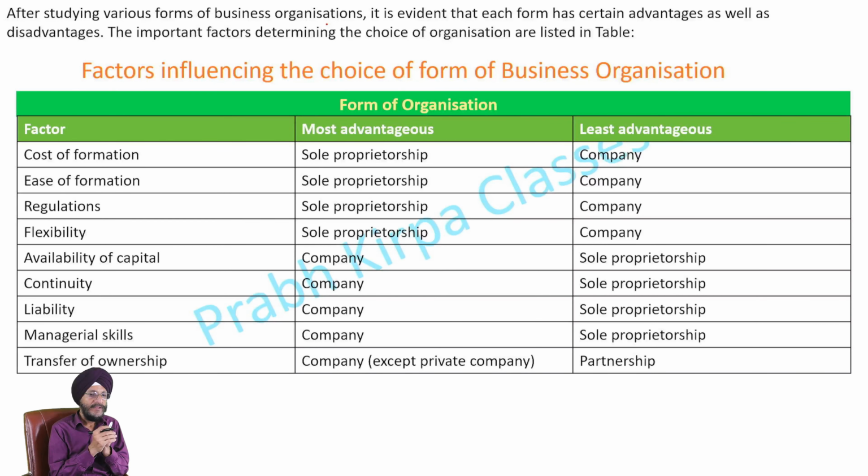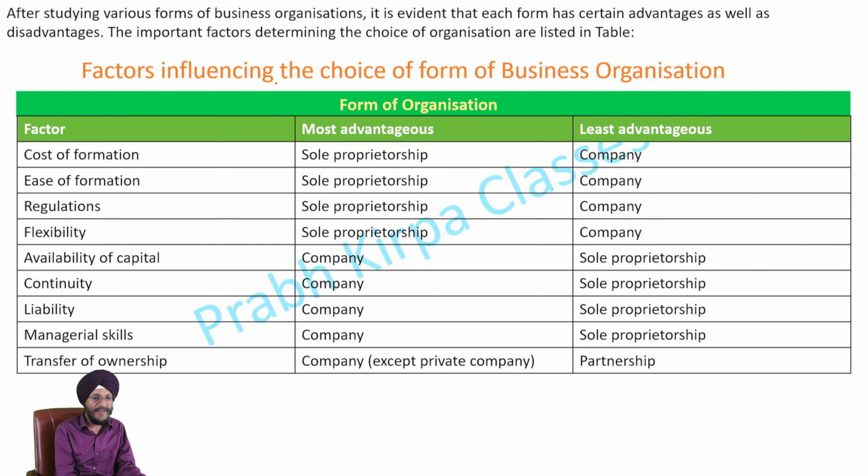And we have to keep in mind the merits and demerits of different types of organizations, and only after that we can decide which form of business organization is better if we want to start the business.